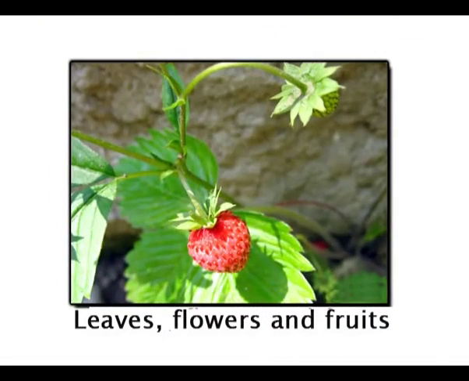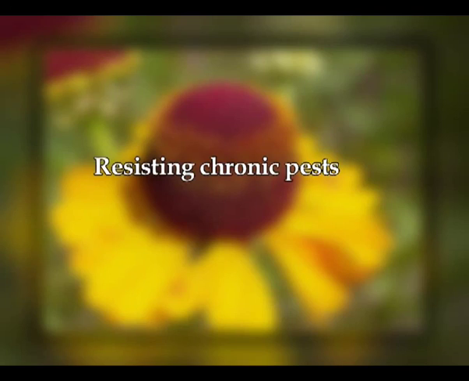Flavonoids are present in leaves, flowers, and fruits. They function not only as insect repellents but also play a vital role in resisting chronic pests and pathogens, and by interaction with plant hormones, they regulate certain growth processes.